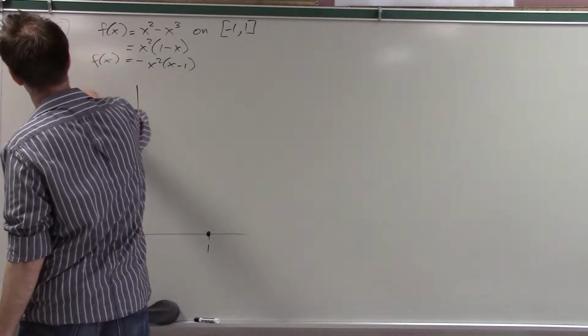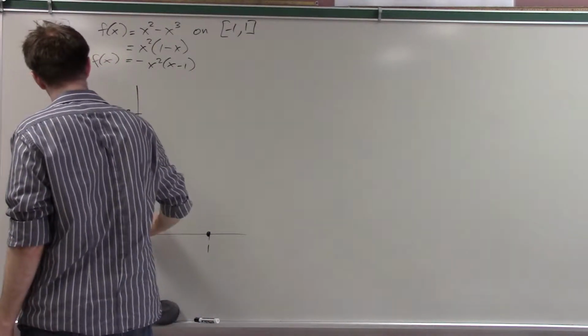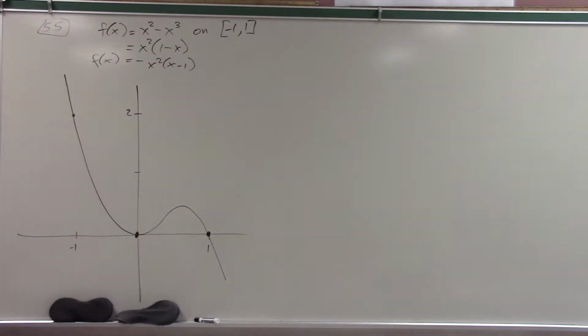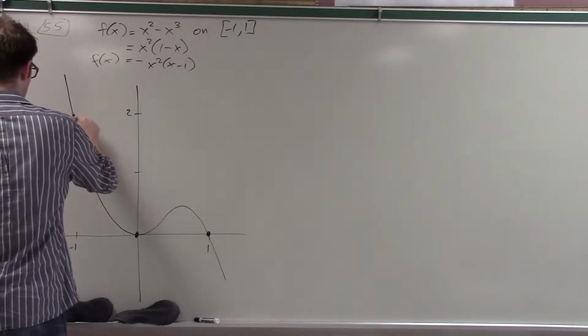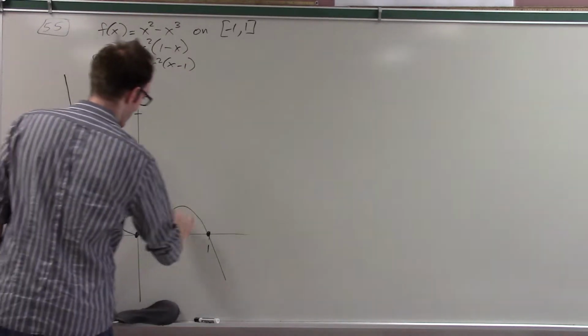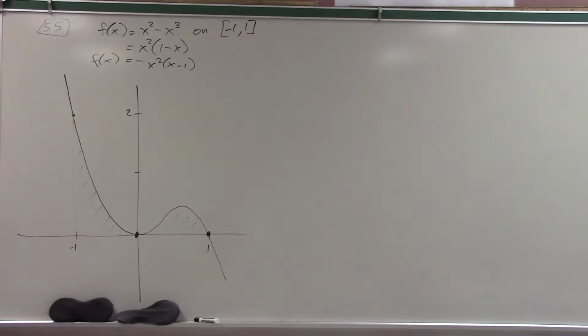So I got a nice big graph, double root here, something like that. Alright, and the goal now is to find the area between this curve and the x-axis between x equals -1 and x equals 1. So I'll just very lightly in green shade the area that we are trying to find. And that looks like about 1, maybe, if you smush all that together.